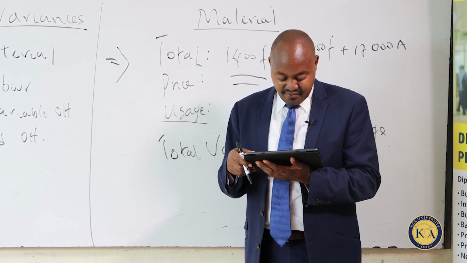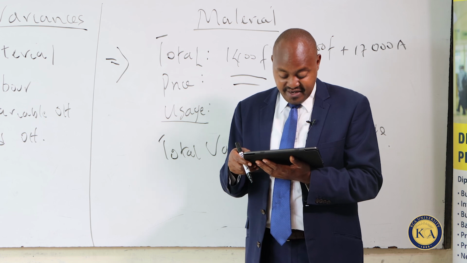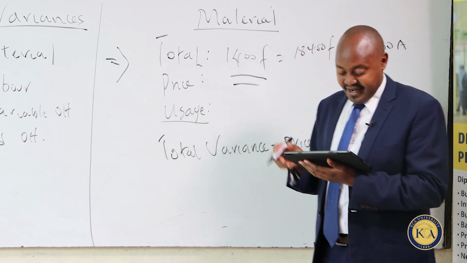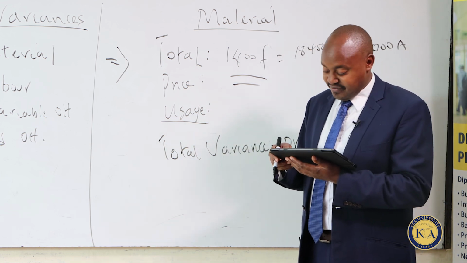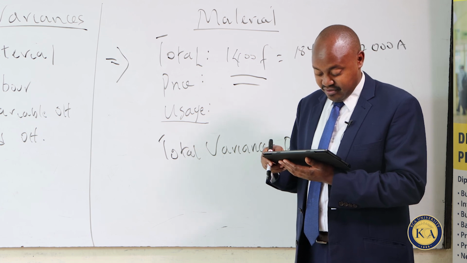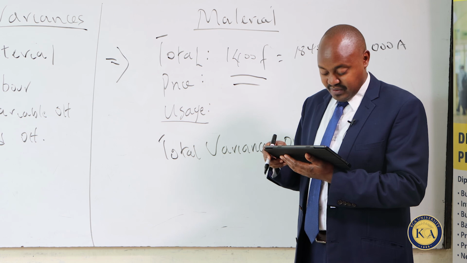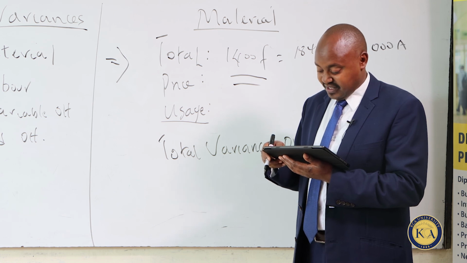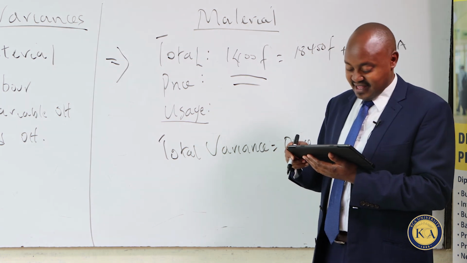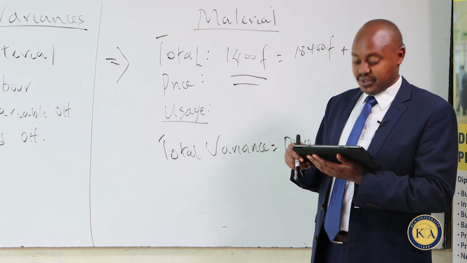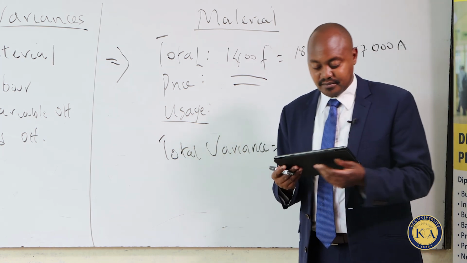We add the idle time 500 adverse. We add the efficiency variance 100 favorable. That gives us 400 adverse. We add the rate variance of 2,100 adverse. That will give us 2,500 adverse, and that is the labor total variance.